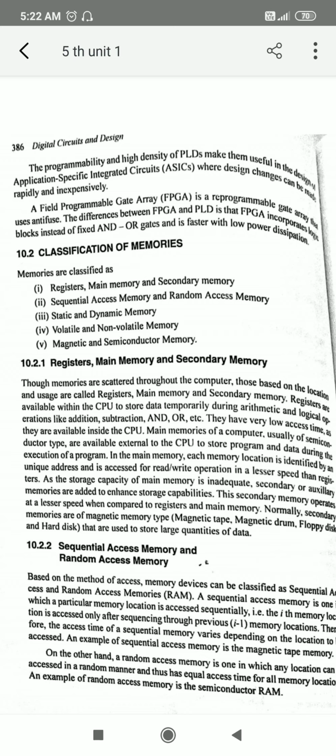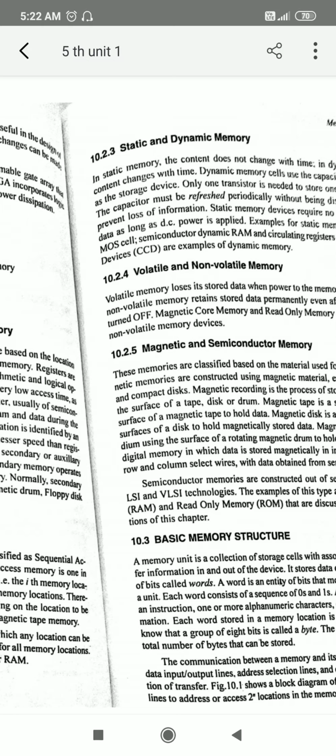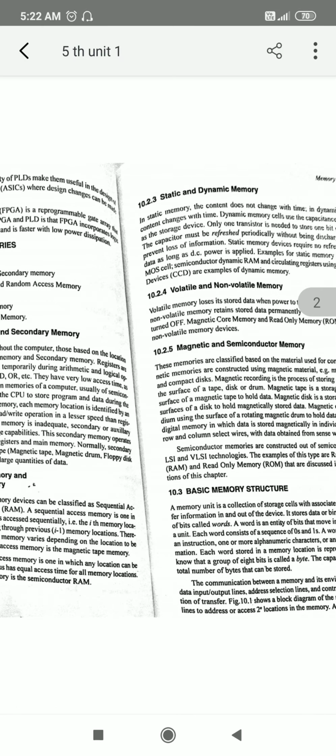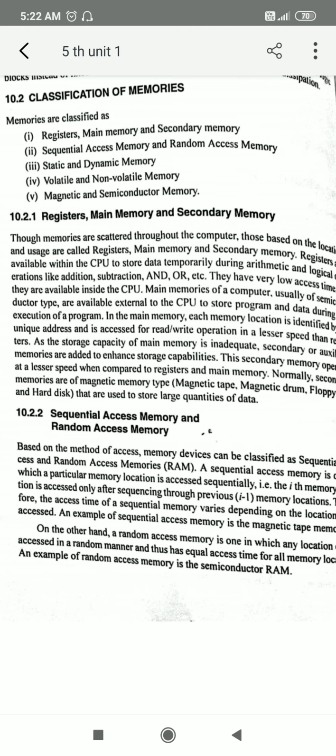Based on this, they are classified. Here we have registers, main memory and the secondary memory. Students, these are all the theory part. We just have to know the definitions of these things.